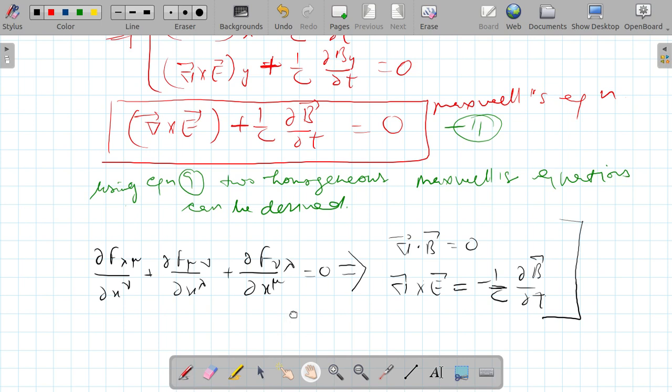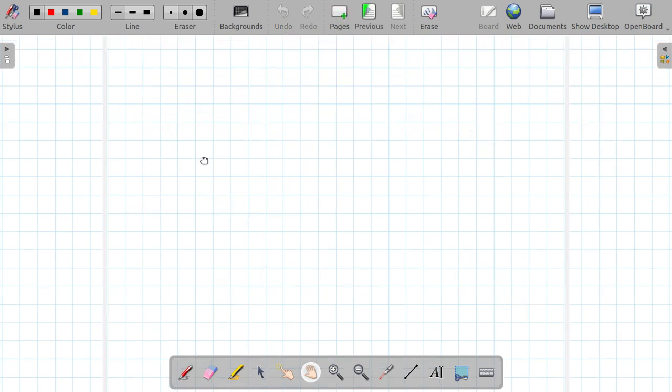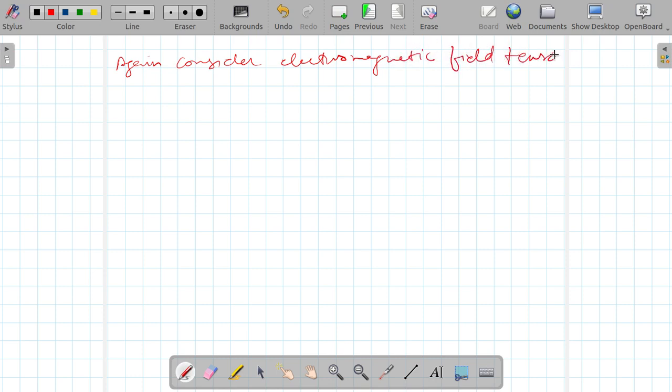Now again consider the electromagnetic field tensor to derive the inhomogeneous equations.